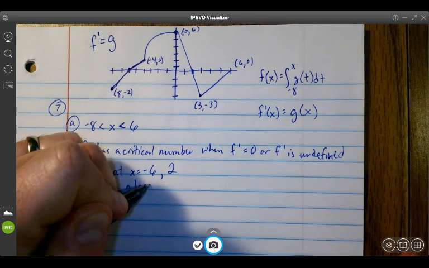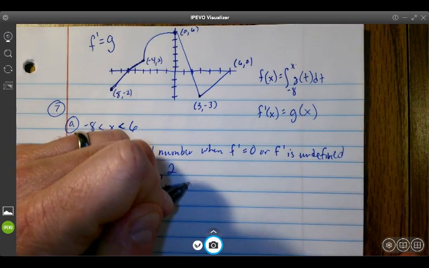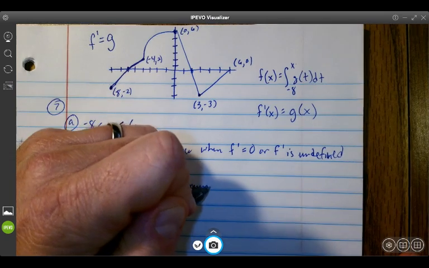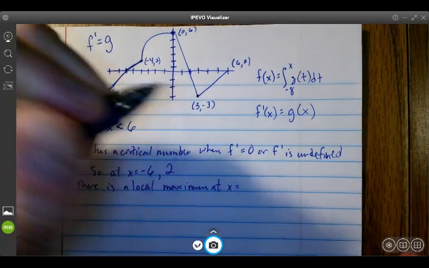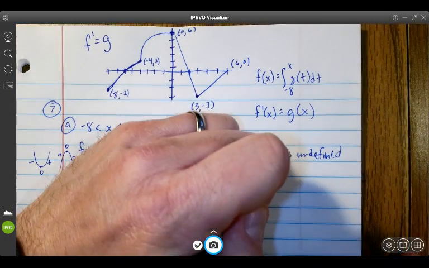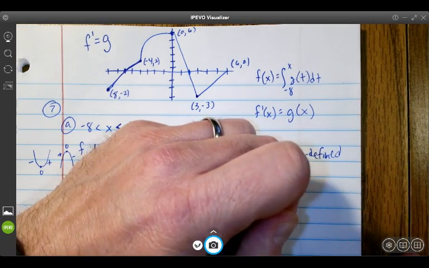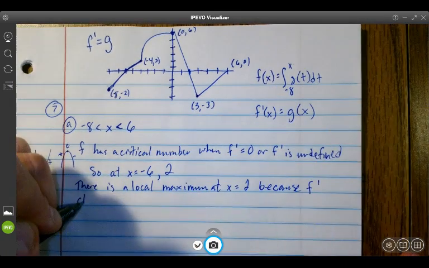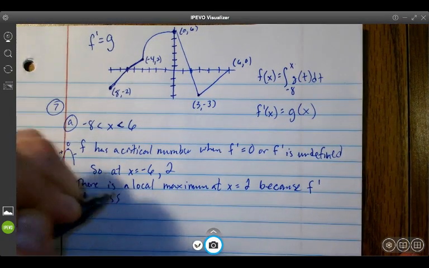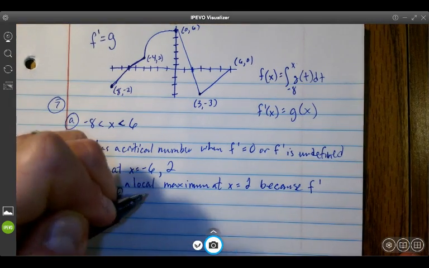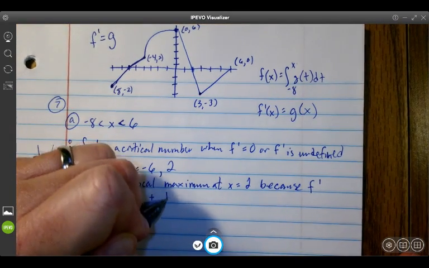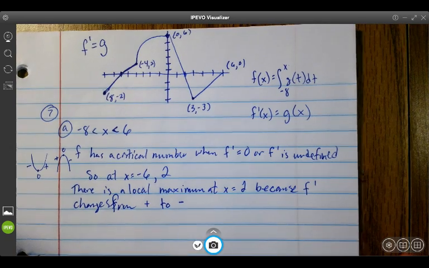Okay, so you would say there is a local maximum at x equals 2. Why? Because f prime changes from positive to negative. All right?